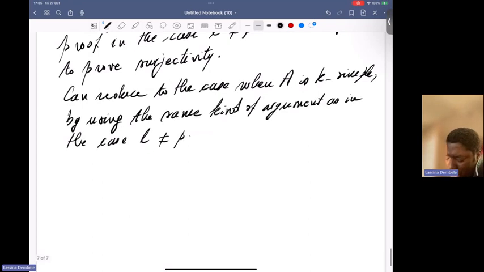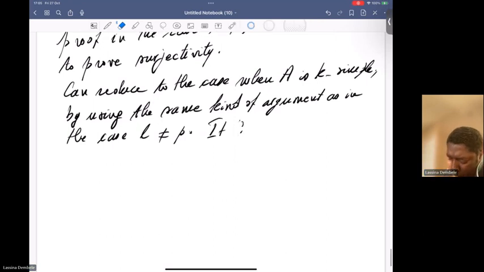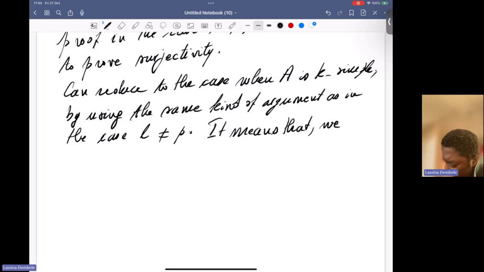So it means that we only need to prove that.